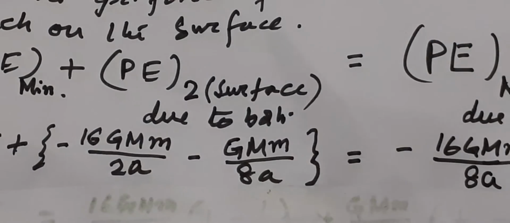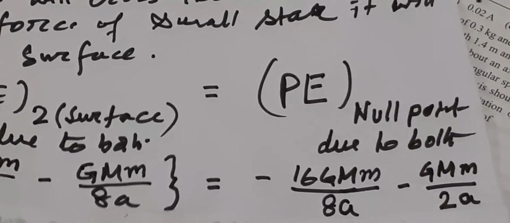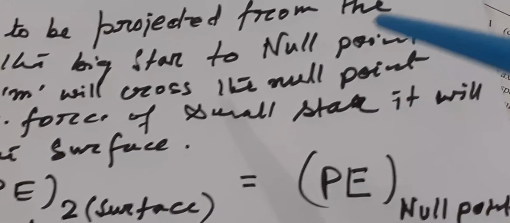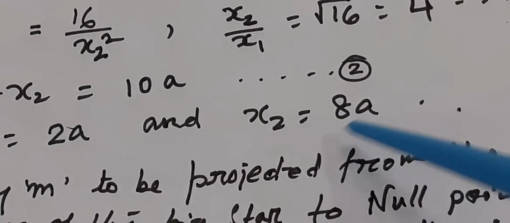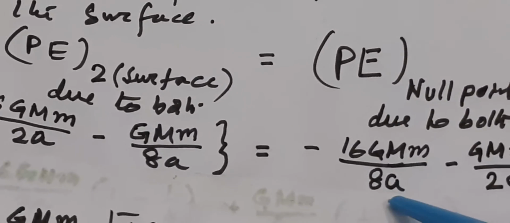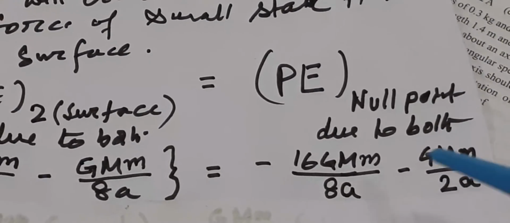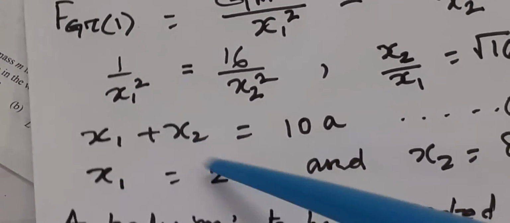Now when it reaches the null point, the potential energy due to the big star will be minus GMm by 8a, as the distance becomes 8a. Already you have seen that x1 is 2a and x2 is 8a. For the small star, it will be GMm by only 2a, because the distance is 2a.